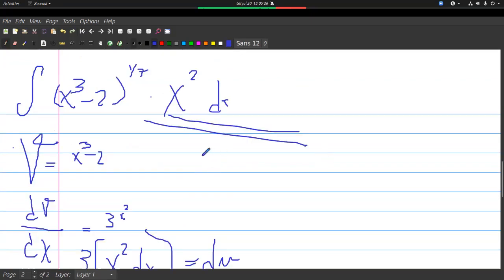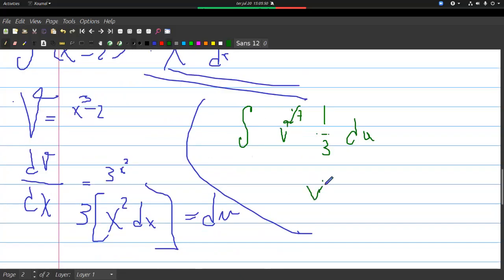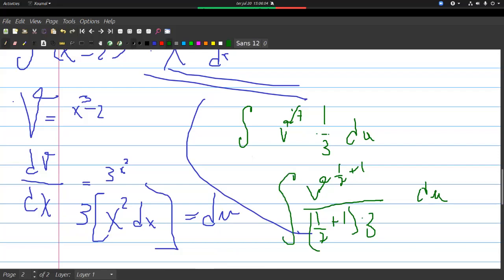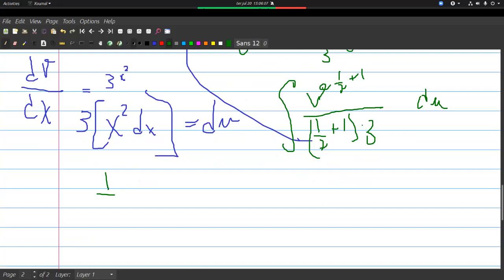So once more, we say that the integral of v to the 1 over 7 times 1/3 dv. Integrating this would be v to the 1/7 plus 1 over 1/7 plus 1, multiplied by 1/3. Okay, and so what is 1/7 plus 1?